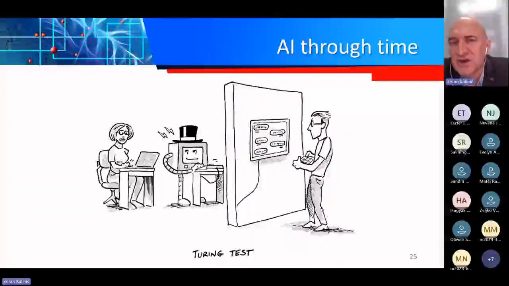And up to this date, we still haven't for sure resolved this test. We still don't have a computer which could confuse a human interrogator and present itself as a human. There was one attempt, I think 10 years ago. There was one system which presented itself as a 13-year-old Ukrainian boy.